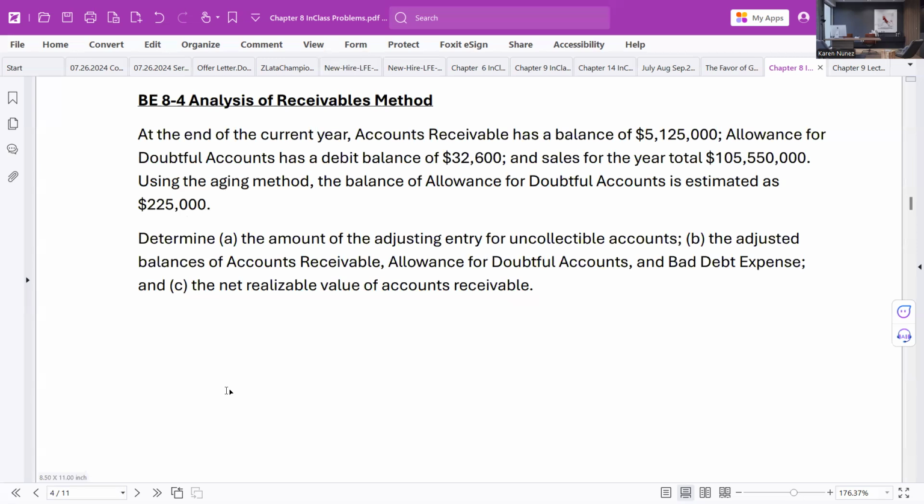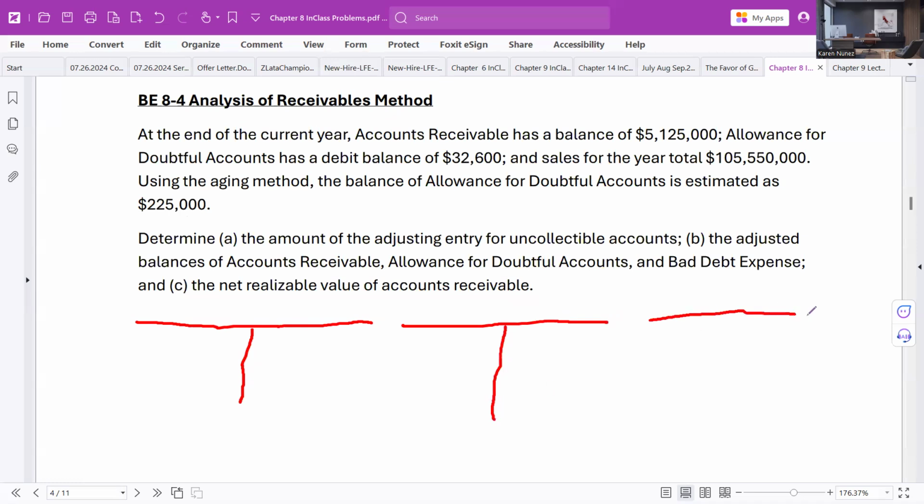Now for this method, what we need to do is start out with those T accounts. I'm going to set up the T accounts because we need to know right off the bat what those T accounts look like. We're going to need accounts receivable, the allowance account, and the bad debt expense account.